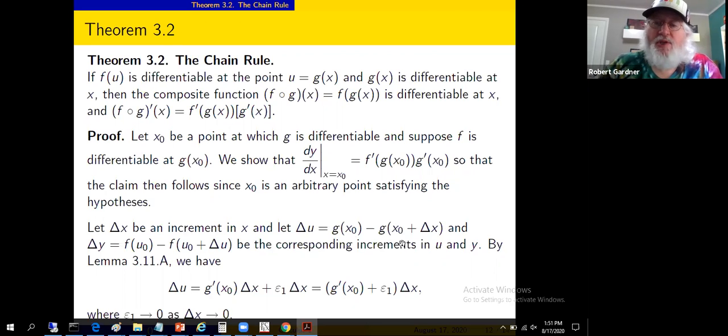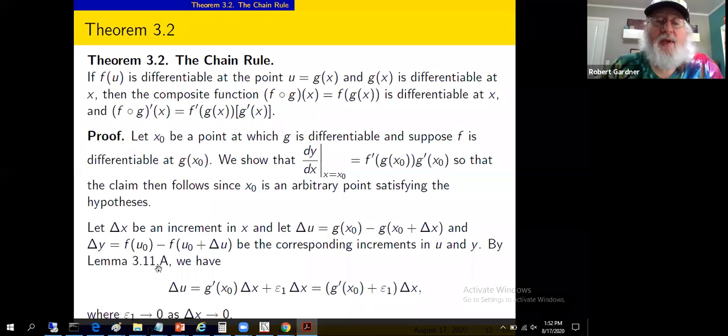It's the change in the g function. And the corresponding change in the f function, delta y, is represented by f of u sub 0 plus delta u minus f of u sub 0. So as delta x changes, that induces a change in the g function and hence a change in the f function, and they cascade through this middle variable u. We've got kind of an outer function and an inner function, and that inner function is represented with u equals g of x.